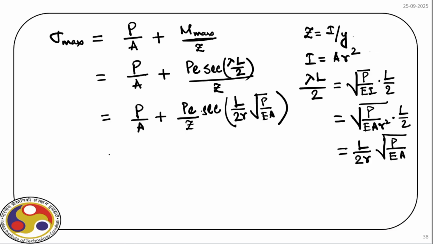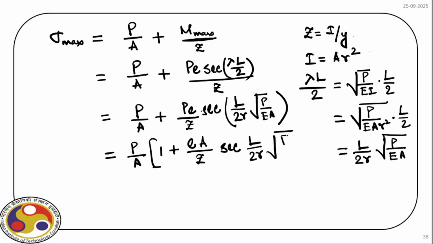Okay, so now if we take P by A common, the first term we have is 1 plus e, then A divided by Z, sec of L by twice r, square root of P by EA.